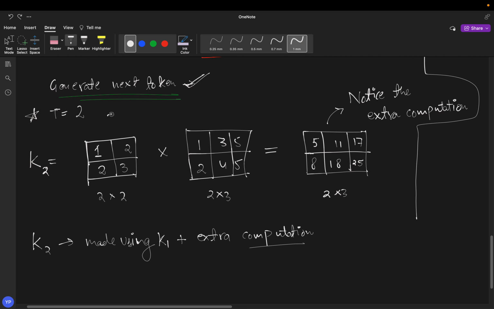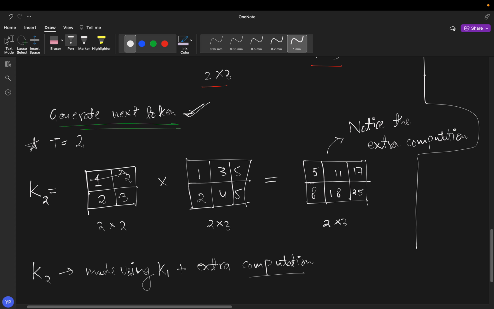So this is the new embedding. Notice how the old part of the matrix is the same as here. We have only attached a new row, which is the new embedding of "can". We had "what", and now we have "can".